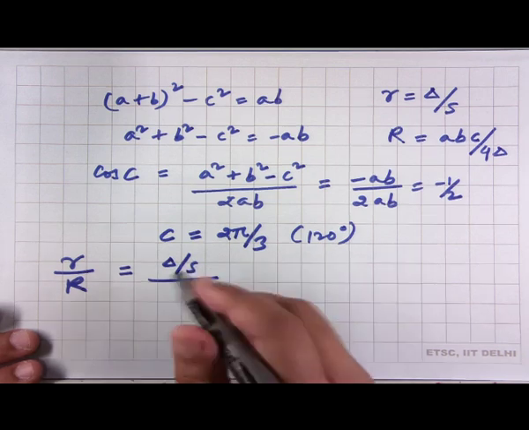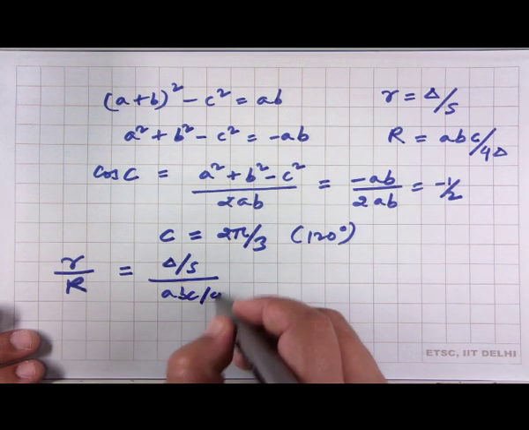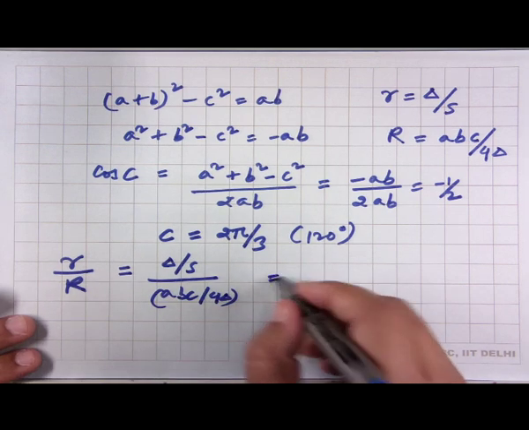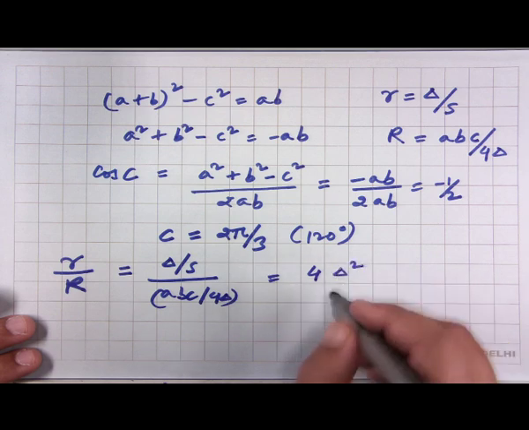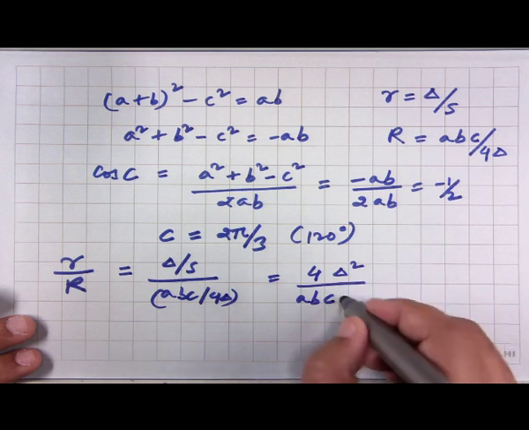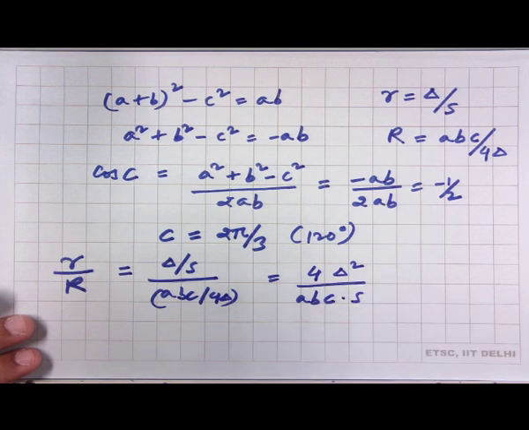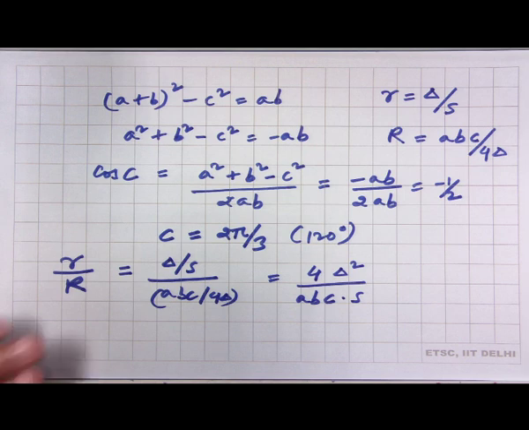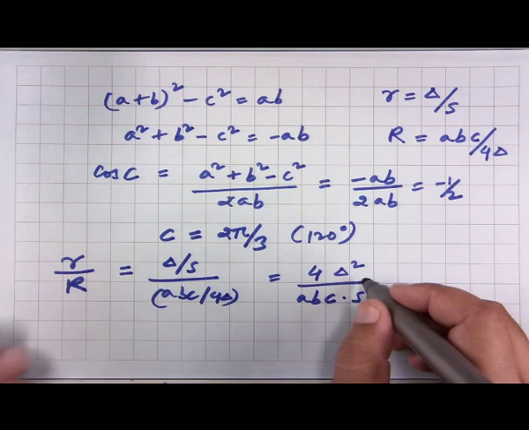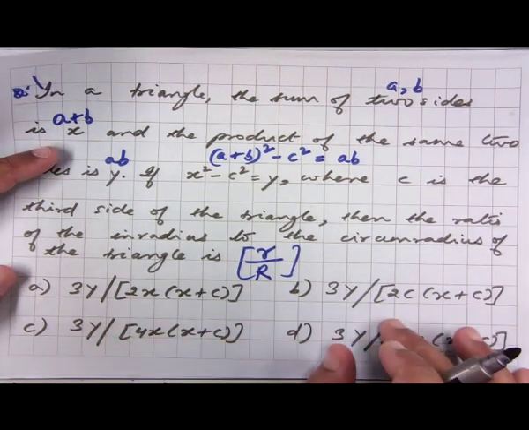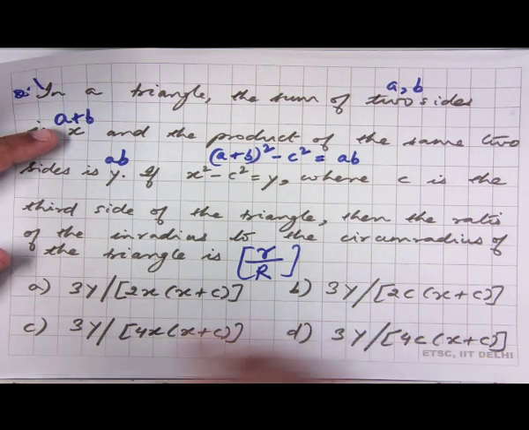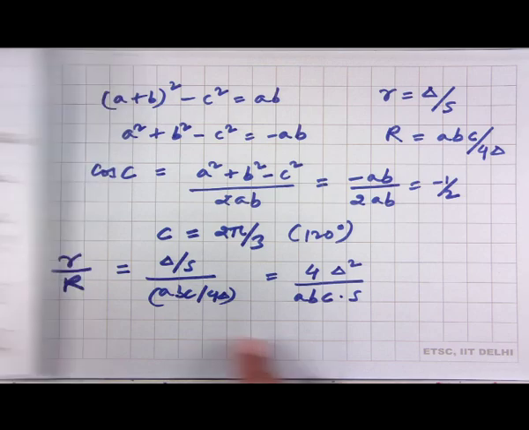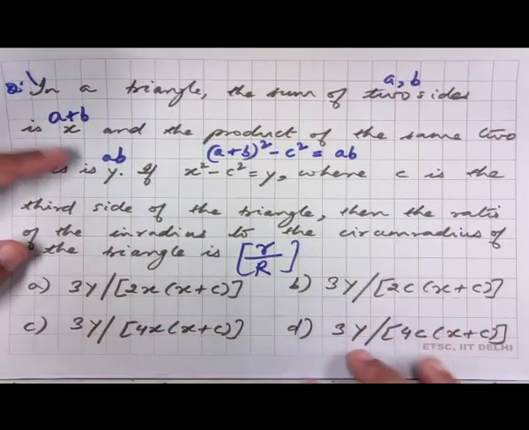If we use these formulas here, the ratio is equal to 4 times delta square over ABC times S. And then we can also use the expression for delta, which is Heron's formula. But when it comes to multiple choice, we have to be a little alert in trying to express this in terms of one of these 4 possibilities.